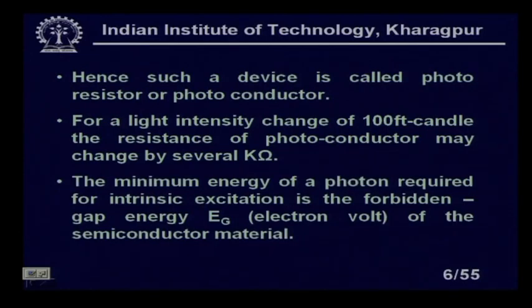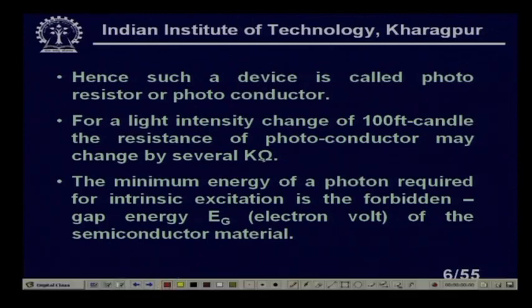The minimum energy of a photon required for intrinsic excitation is the forbidden gap energy, in electron volt, of the semiconductor material. If you remember, it appears like this. I have a conduction band.